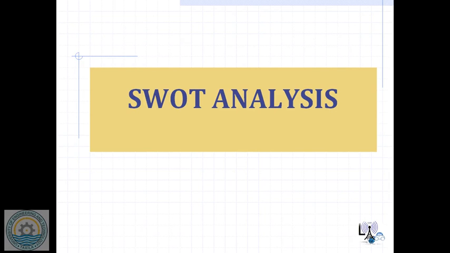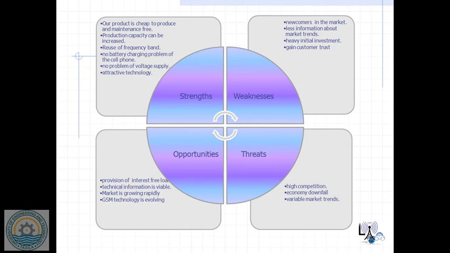Now we have SWOT analysis. Every project has some strengths, weaknesses, opportunities, and threats. So as far as our project is concerned, we have strengths, weaknesses, opportunities and threats. Our strengths are that our product is very cheap and its maintenance is very free.